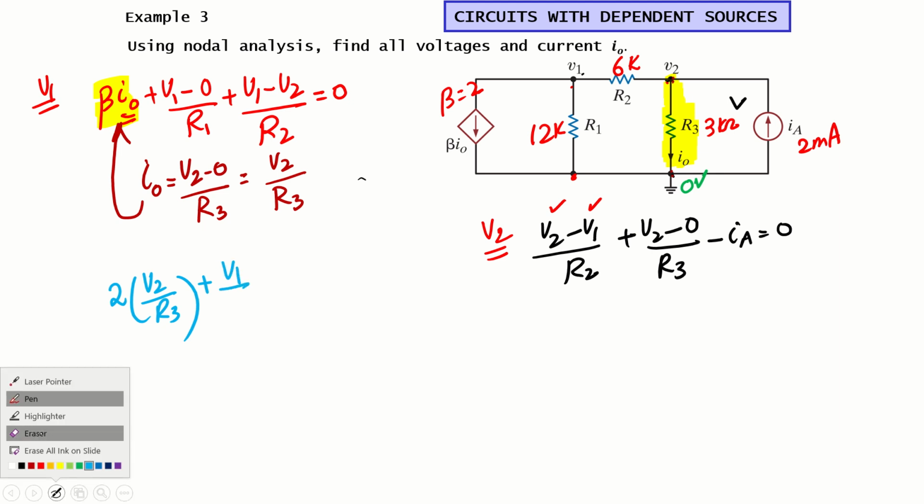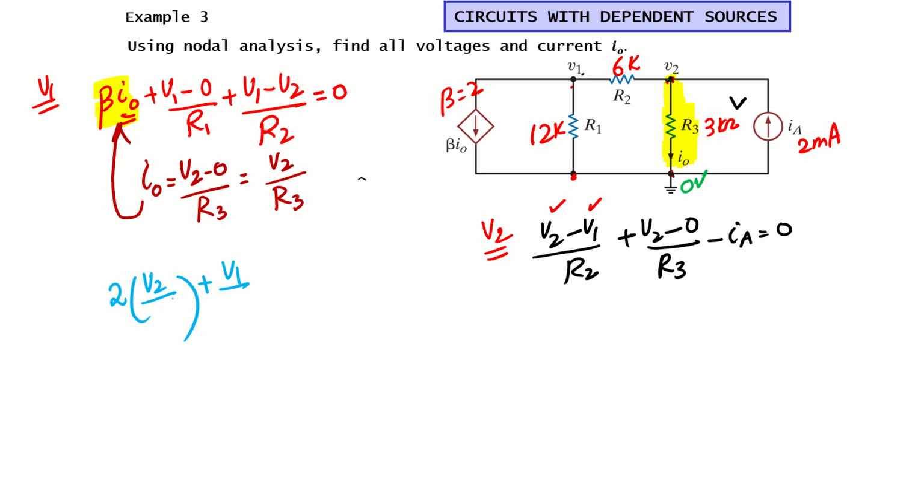Let's put in the values also. R3 is here 3 kilo. So V1 divided by R1, which is 12k, plus V1 minus V2 divided by R2. R2 has a value of 6k here, is equal to 0.